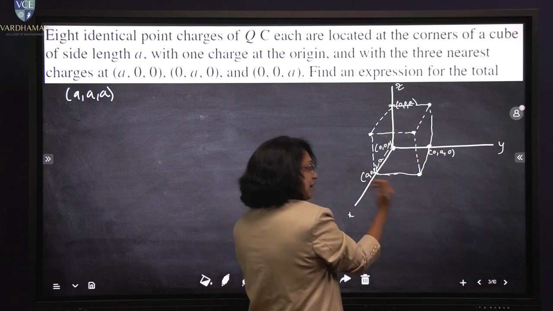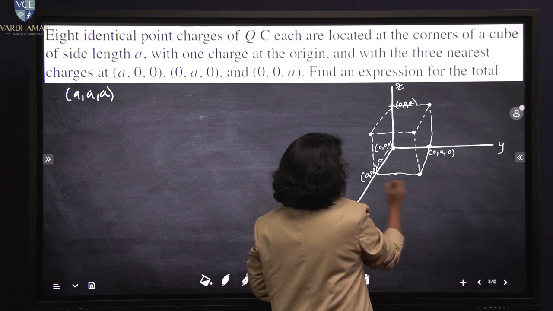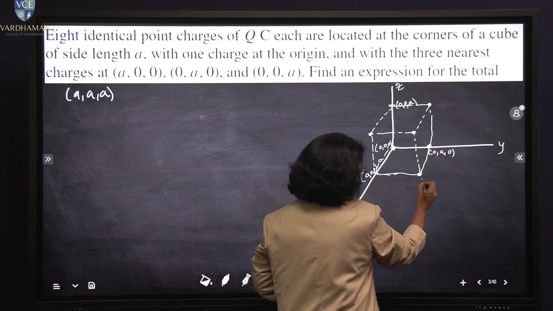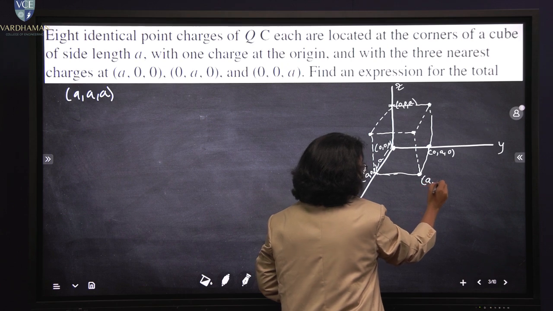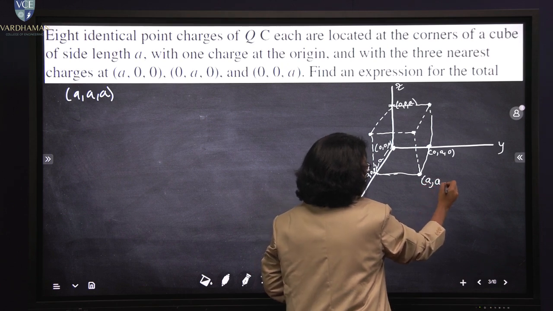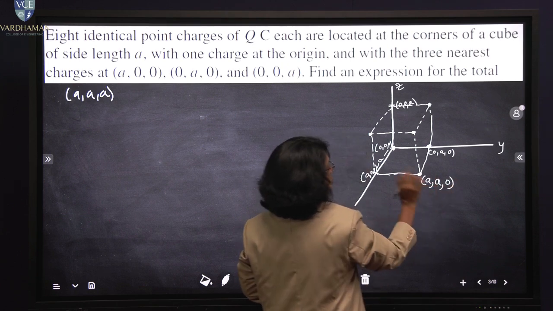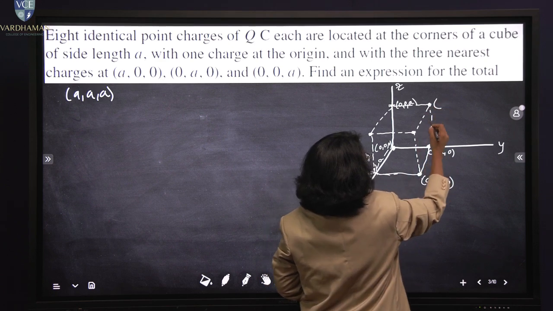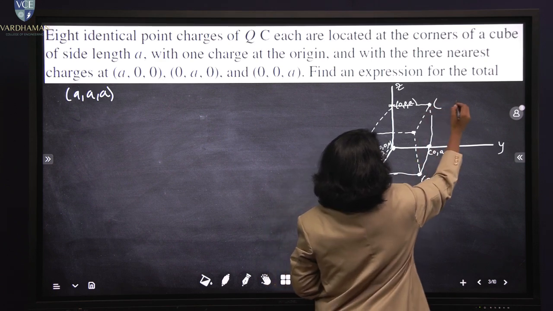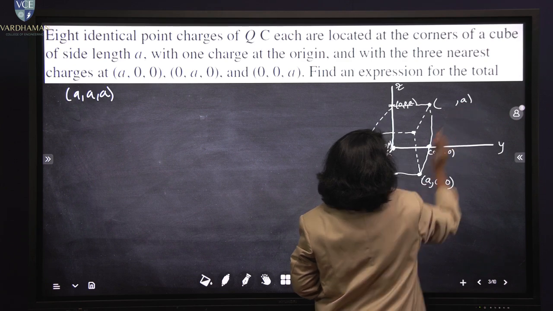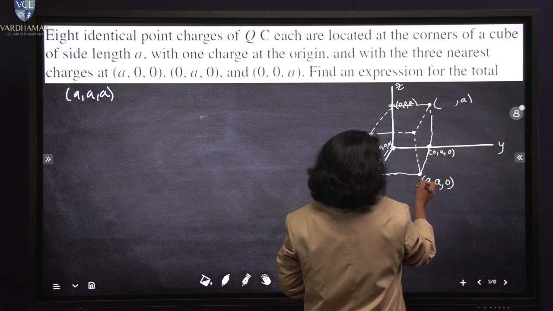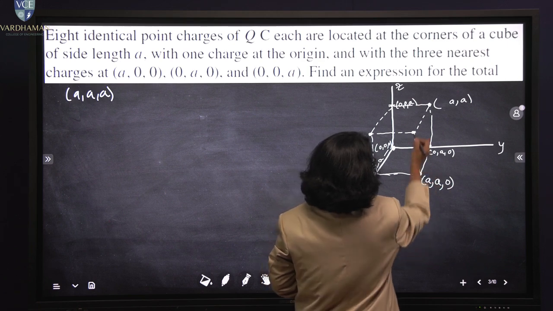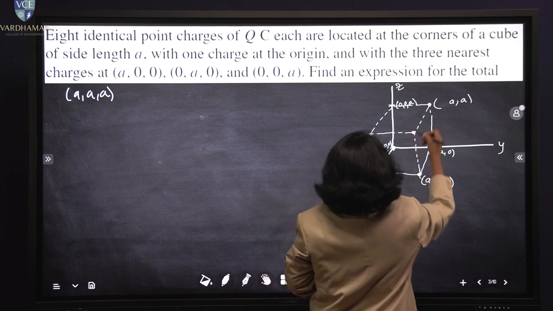So now my other positions of the cube are, this is positive x, this is also positive y. So this point will be positive x a, positive y a, and this is in the z is equal to 0 plane. And in the same way here, this point is elevated a dimension in z, and along y it is a.